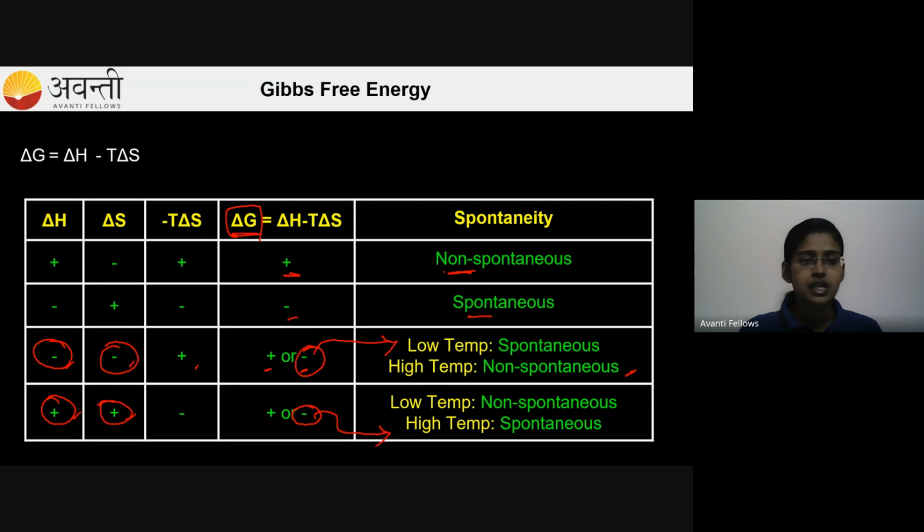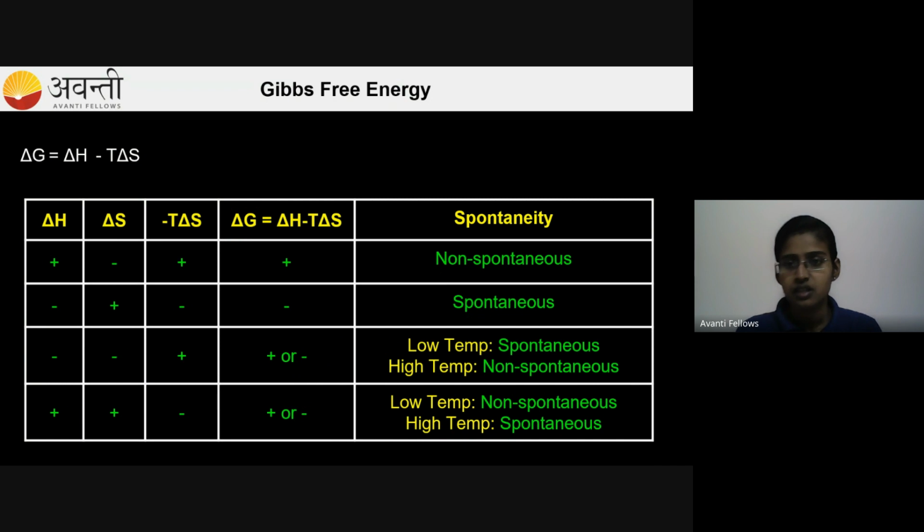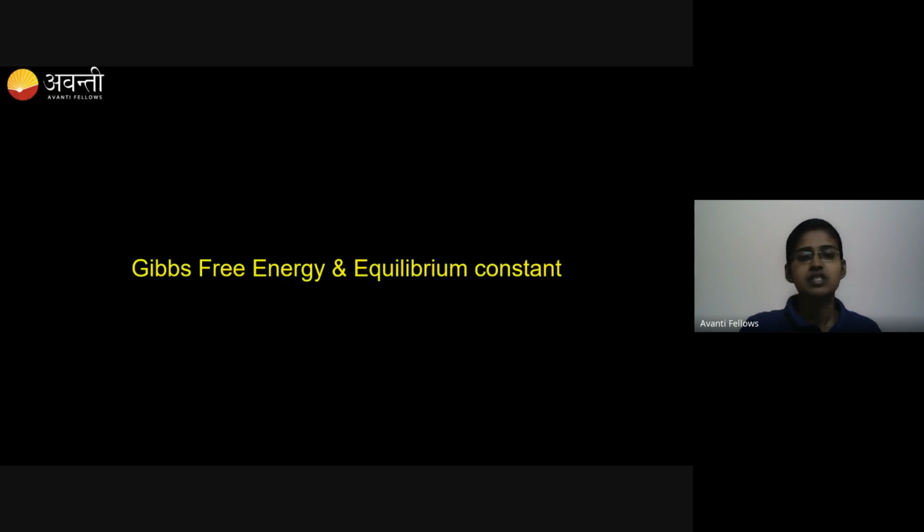Shall I move on to the next slide, which relates the Gibbs free energy and the equilibrium constant? What is the equilibrium constant? K eq, right? Gibbs free energy is delta G and the equilibrium constant is K eq. Now we will see one relation which relates these two.